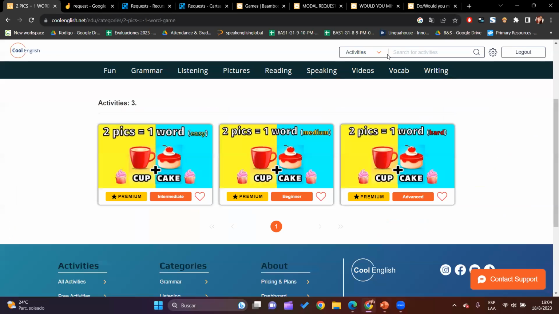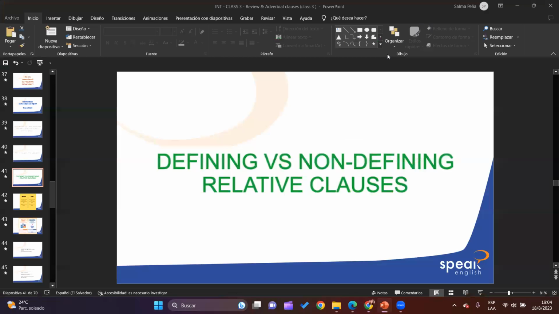Okay. Maybe this part was the tricky one, right? The defining and non-defining clauses. Maybe, yes, when you say it is mandatory, or I don't know what the name is, where the word is mandatory or not mandatory.